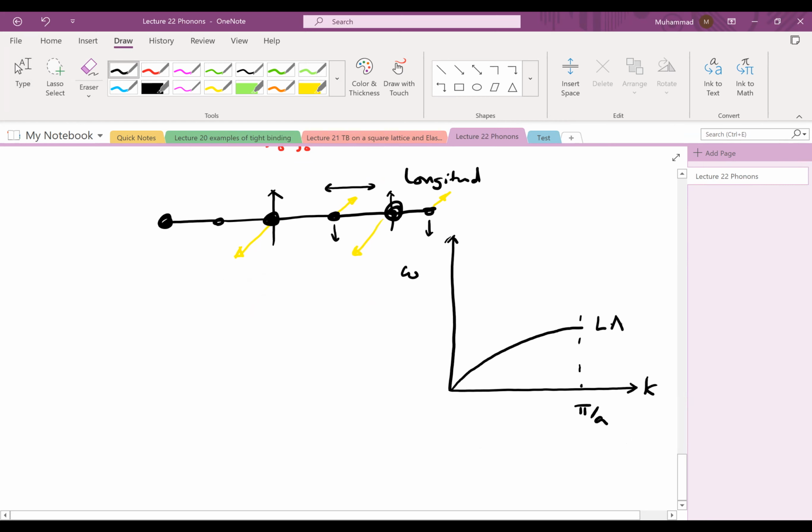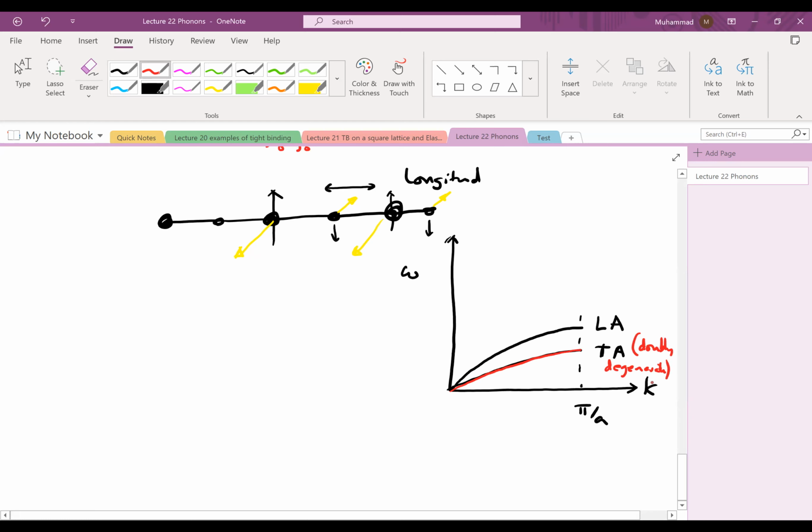Let's call this an LA branch, longitudinal acoustic. And I might also get transverse acoustic bands, two kinds of transverse acoustic bands, which means, if the situation is symmetric, both of these bands can overlap with one another. So I have a doubly degenerate transverse acoustic scenario.